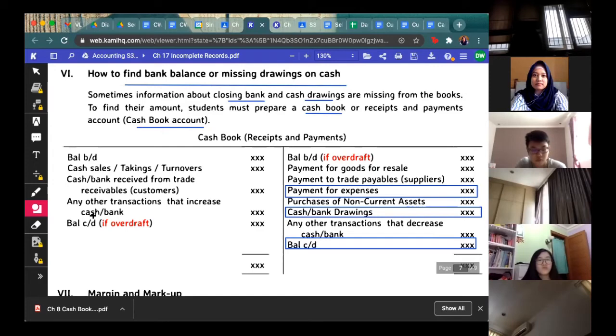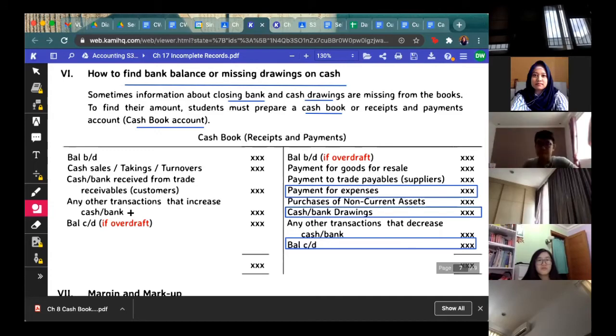For example, I'm going to show you a cash book T account. All of these are items that will increase your cash book, increase your cash. You have a balance BD, you have cash sales or takings or turnovers. Turnovers are the same as sales, just the name is different. Cash or bank received from trade receivables also adds to the cash book, or any other transactions that increase cash or bank.